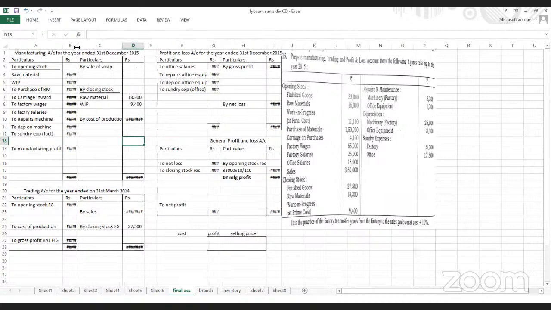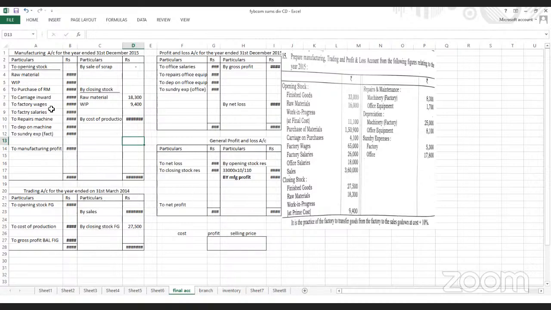This is the format of a manufacturing account sum. So you have to make manufacturing account, then trading account, then P&L account. Sometimes the general P&L is required, but mostly you will not be required. Then balance sheet.